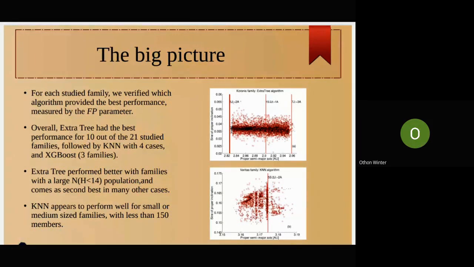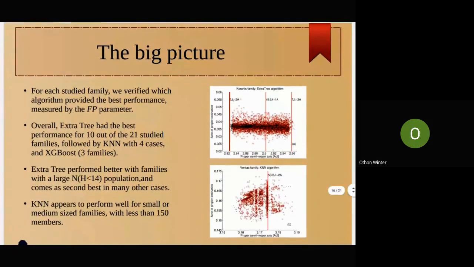The second best performing was KNN, and the third one was XGBoost. ExtraTree performed best with families with a large population of objects of higher magnitude, so smaller objects. It comes back second best in many other cases. KNN performs well for small or medium families of fewer than 150 members.